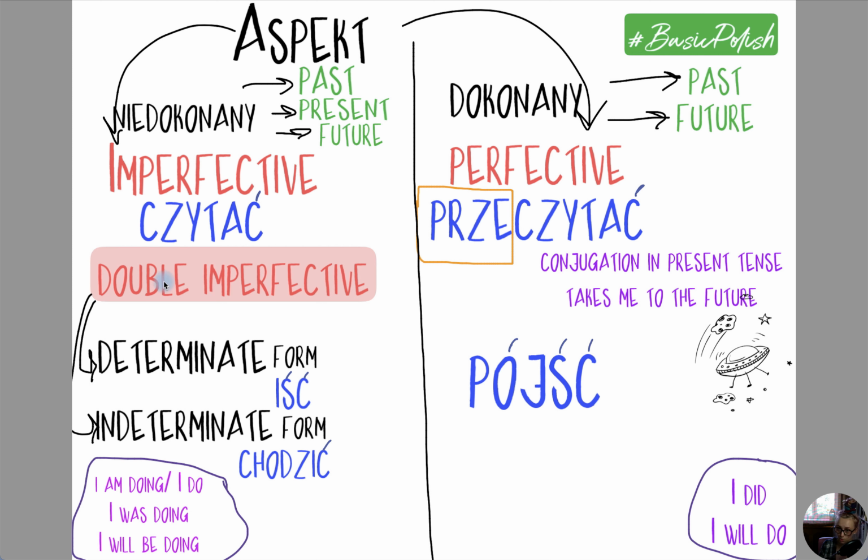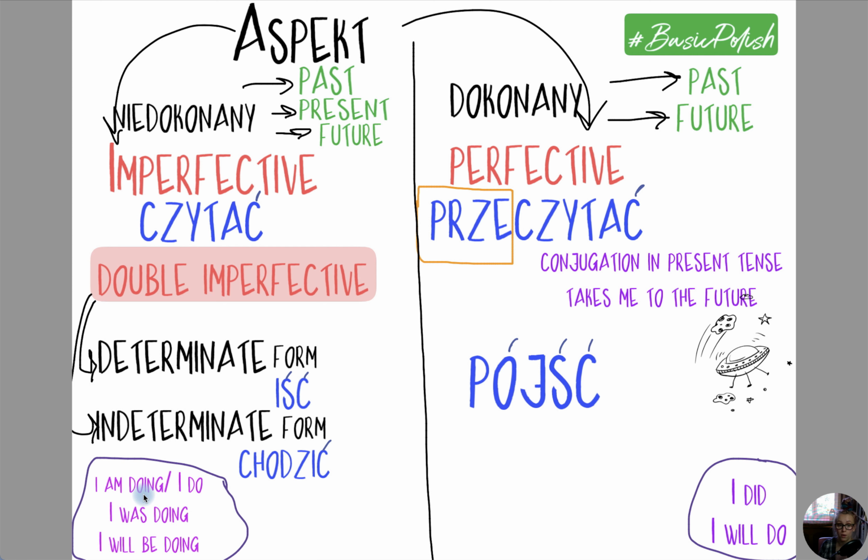But those verbs which are double imperfectives, in Polish they usually specify motion, like to go, to swim, to carry, to drive, I'm just trying to think what others we've got, to fly, for instance, right? These two forms that you see here: I am flying and I fly, I am driving and I drive, I am going and I go. This will be specified by two different forms, right?